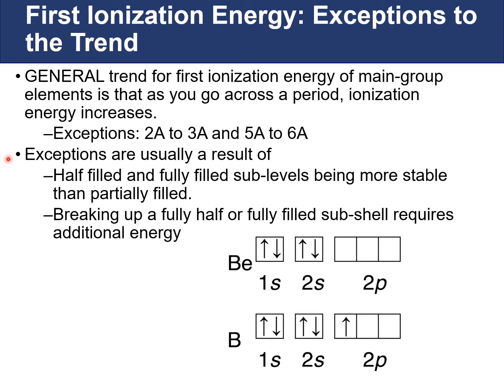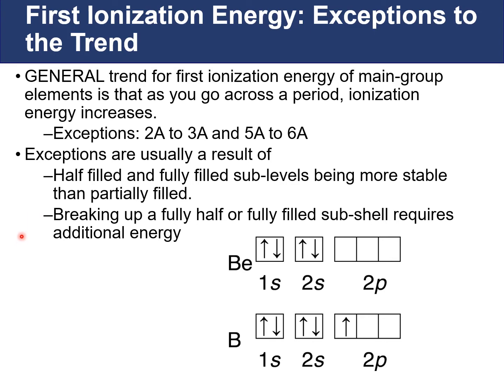Thankfully, there is a reason for those exceptions, and that reason is the same one as we saw when we were looking at the electron configurations for why there was a difference in the electron configurations of things like chromium and copper, being that half-filled and fully filled sublevels are more stable than if they are partially filled, and that breaking up a fully or half-filled subshell requires some additional energy.